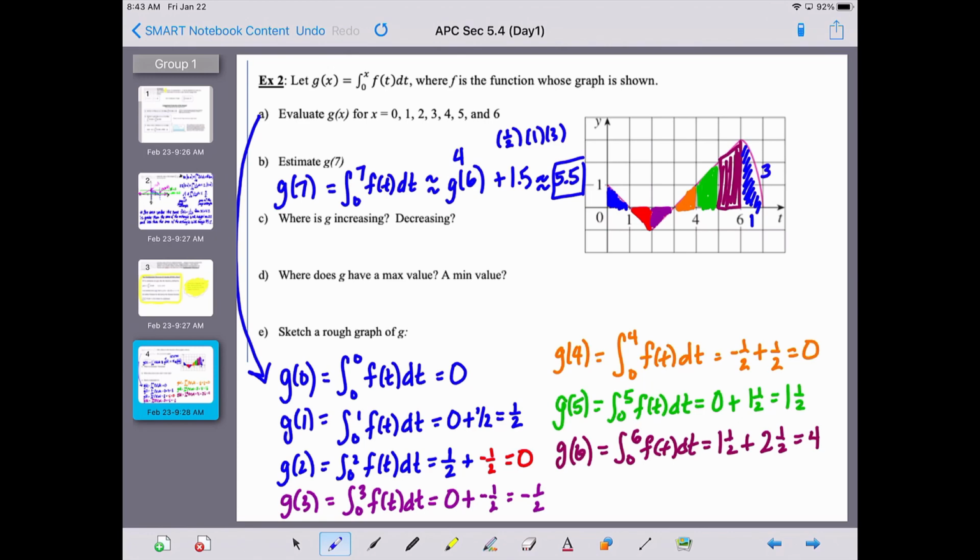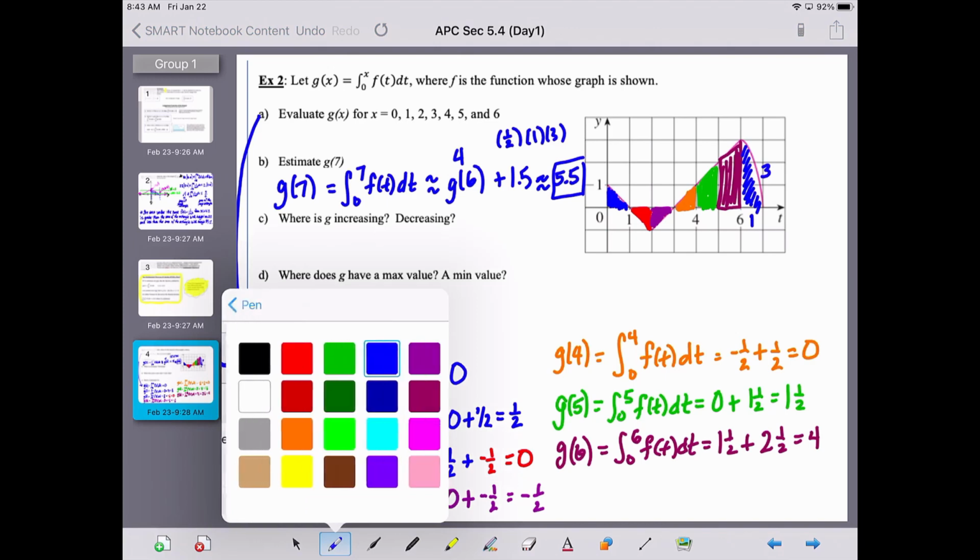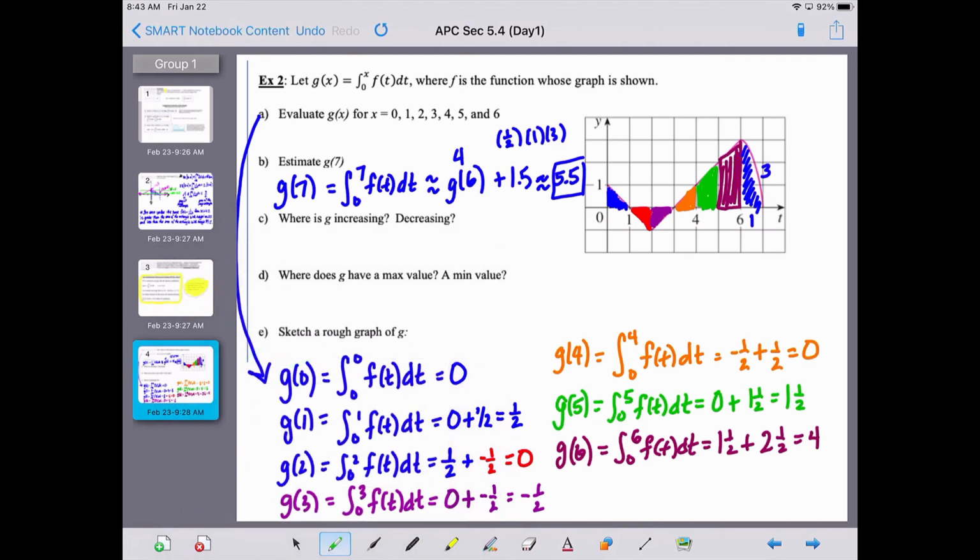Letter C says, where is G increasing and where is G decreasing? Well, keep in mind that we are going to be increasing anywhere where our areas are above the x-axis, and we are going to be decreasing anywhere where our areas are below the x-axis.